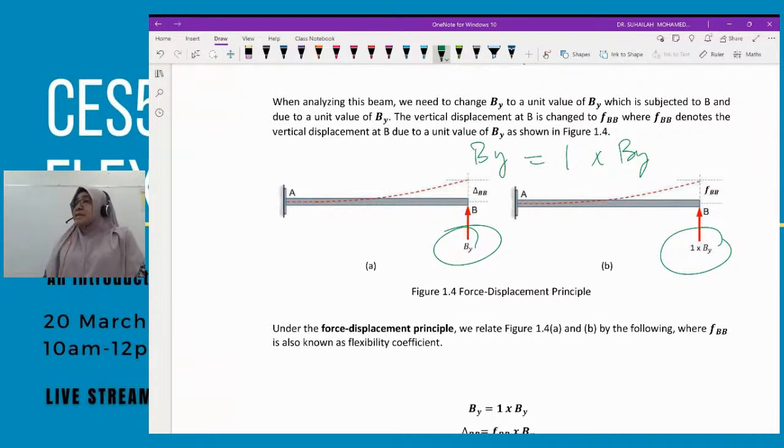We can, right? Same as the virtual work method, remember? In the virtual system we calculate the reaction due to a unit value, right?